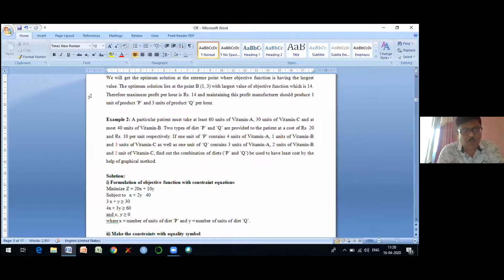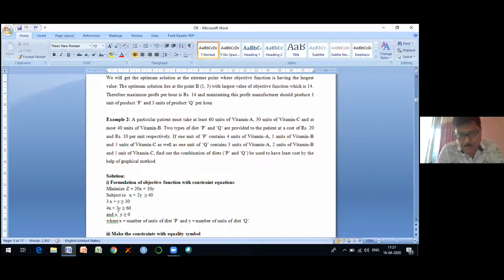x plus 2y will be less than equal to 40. Why? Because here it is written at most. That means the maximum requirement of vitamin B for a particular patient is 40. This is not the minimum requirement.